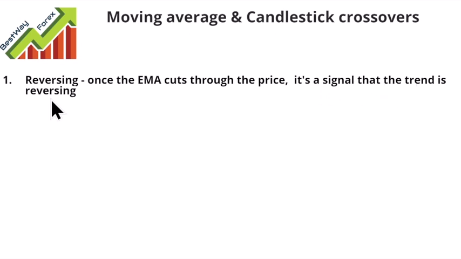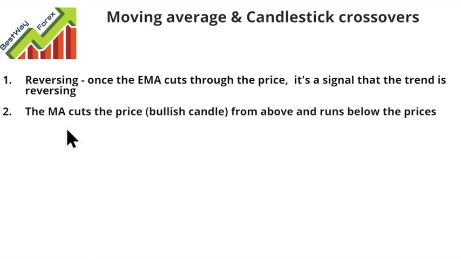When the EMA or SMA moving average cuts the body, listen, I am saying the body, not the wicks, of the candle, that signals a reversal in the price. Whether it is from above crossing and going below, or from below crossing going above, in either case there is a reversal of the trend.